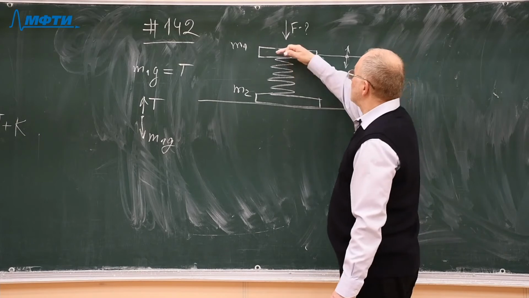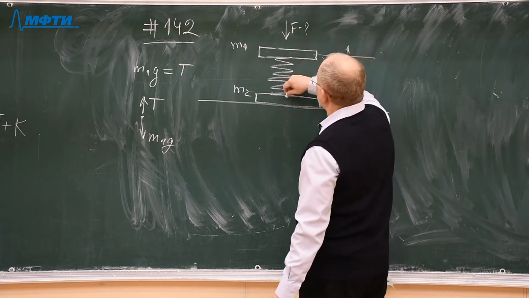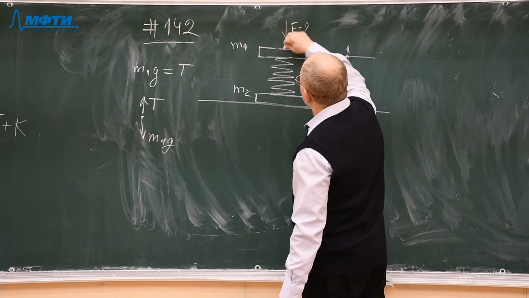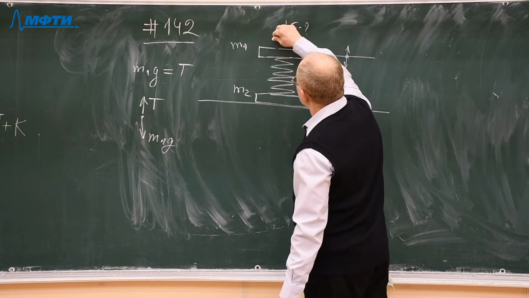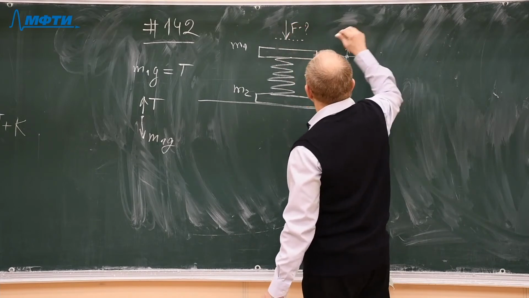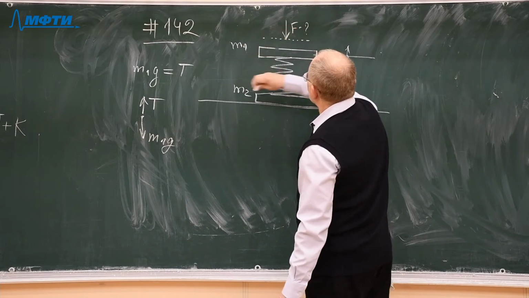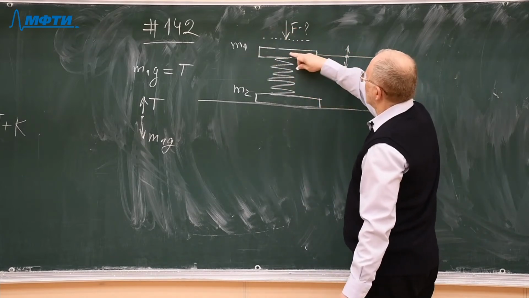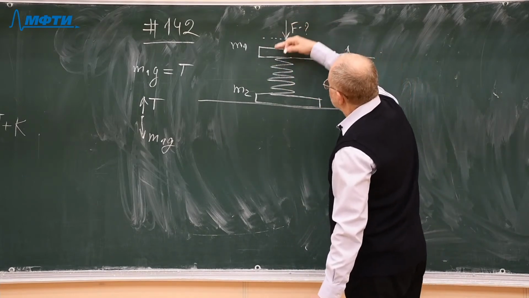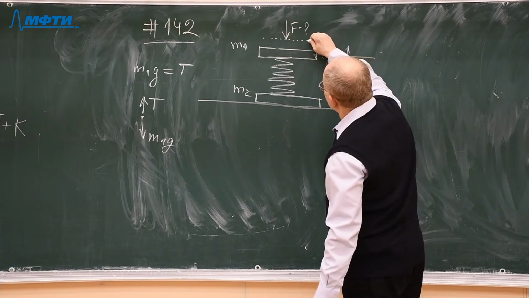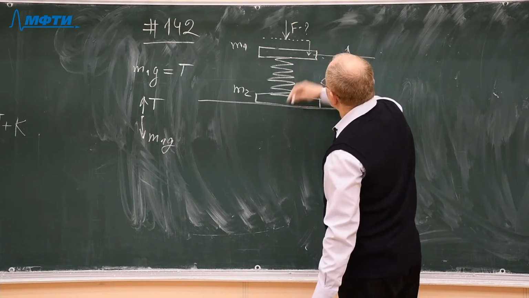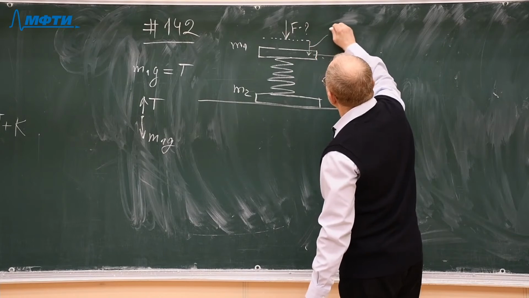If we remove the upper plate, the spring will go up and its length will be larger. But if we attach the upper plate, the spring will be compressed by some distance a.